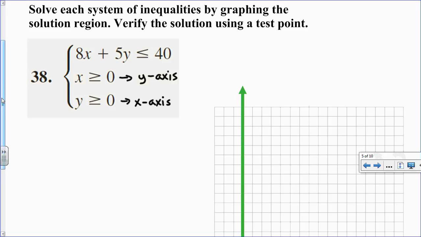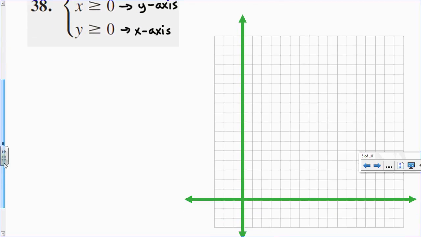I'm going to draw my arrows showing that I would shade this way because it's positive and this way because it's positive. Those are going to be sort of like our hidden inequalities, our hidden constraints when we're doing the linear programming.